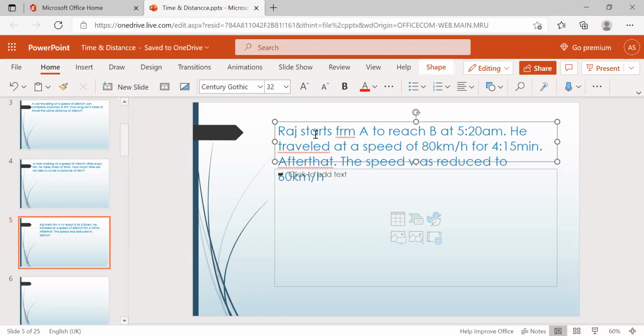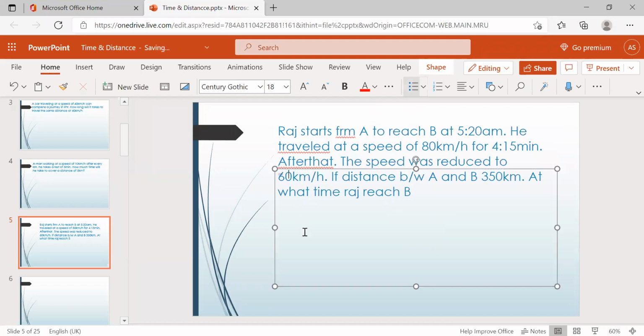If the distance between A and B is 350 kilometers, at what time does Raj reach B? So there is a question here for you.